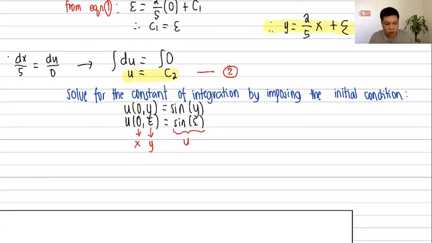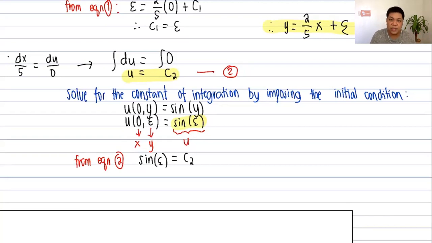So going back to equation number 2, what we can conclude here is that u is equal to C2. Imposing our initial condition, we said here that u is just equal to sine epsilon, correct? So that's just sine epsilon. I'm just copying equation 2 but imposing my initial conditions, equals C2.